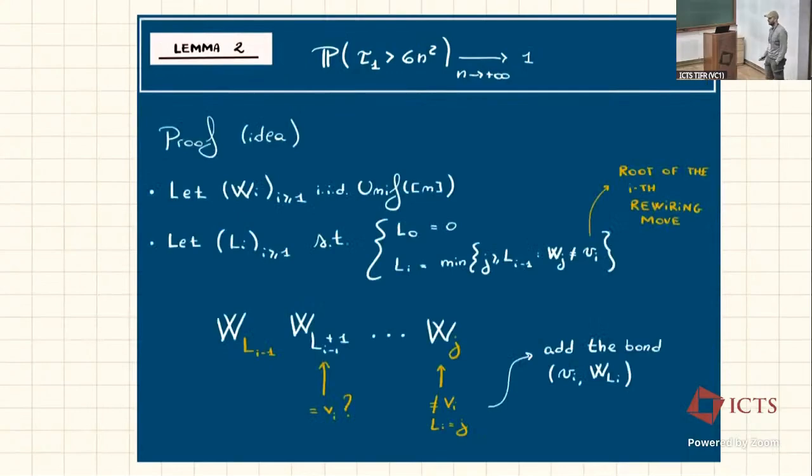So what we need to do is control the number of times that we rewire to a certain vertex, because this will increase the degree. And if that happens too often to a very particular vertex, then the maximum degree will increase. So as before, we sample our disagreeing edge. We sample the root of that rewiring.